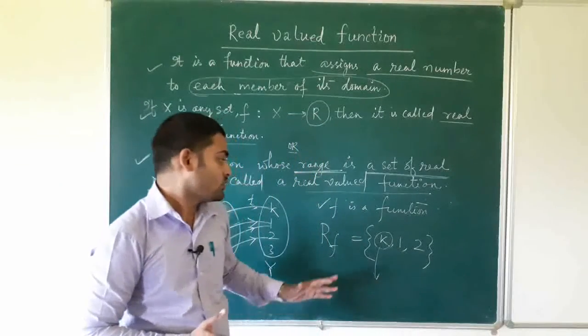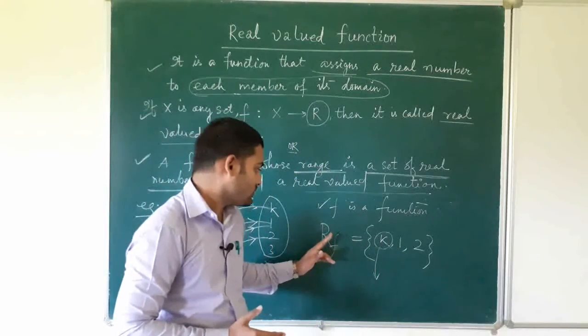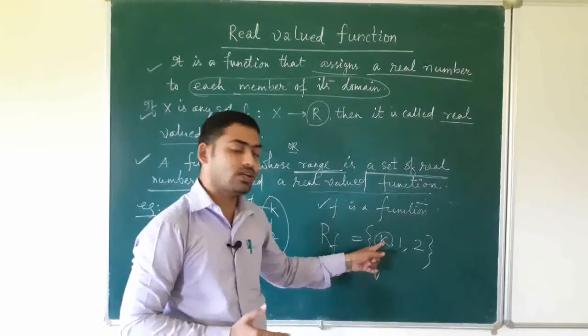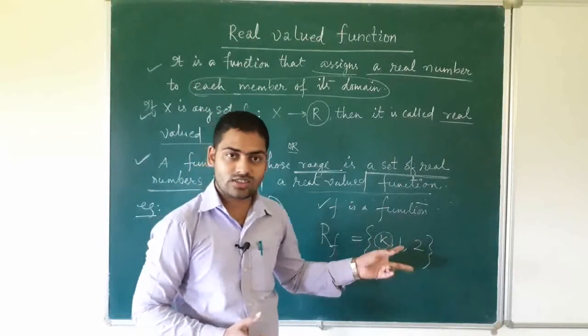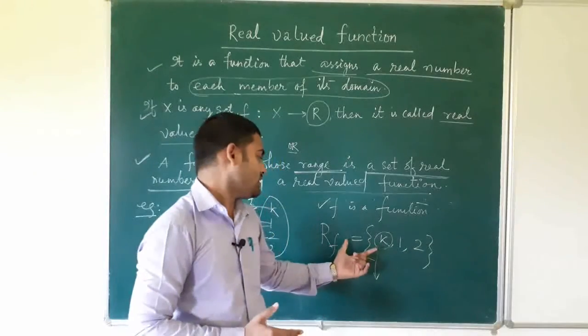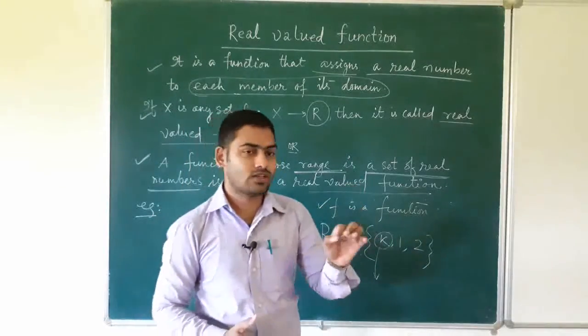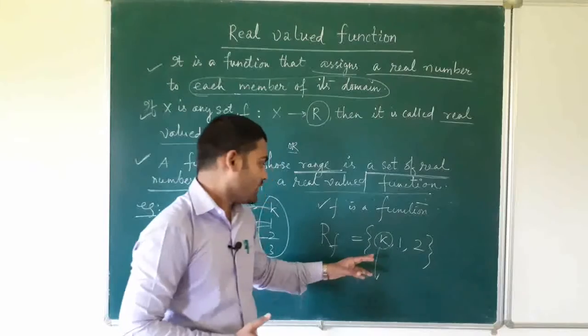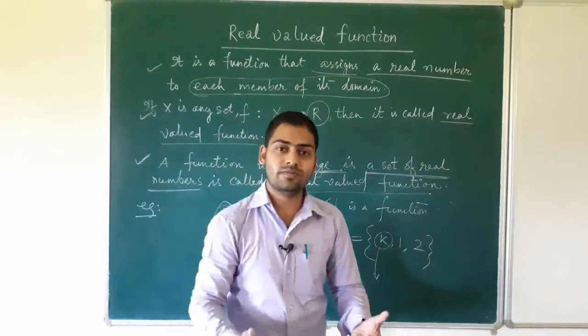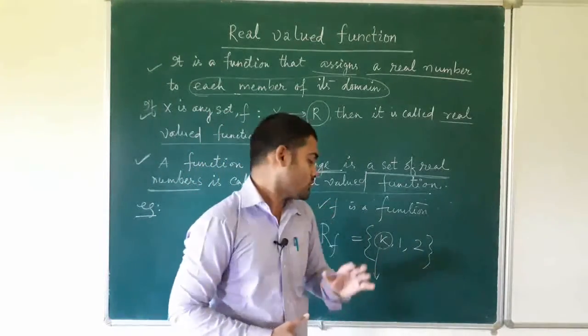K is a variable. It may be a real number and it may be an imaginary number. If k is a real number, then the function is a real valued function, but as it is a variable, it may be an imaginary number.